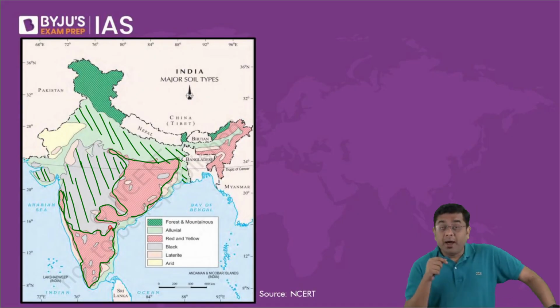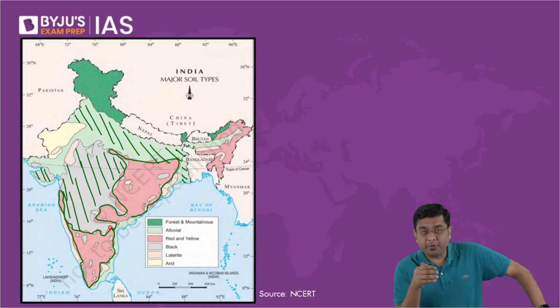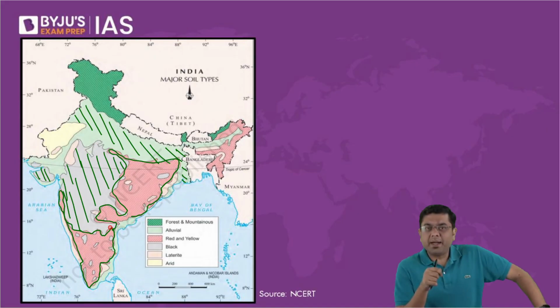So if a question comes in the mains examination about the types of soil across the country, please don't get worried by that. Please follow your exact logic. You don't need to learn the map. Draw the rough map. The portion across the north will have the presence of alluvial soil. Rajasthan Thar Desert is an arid, sandy soil condition.